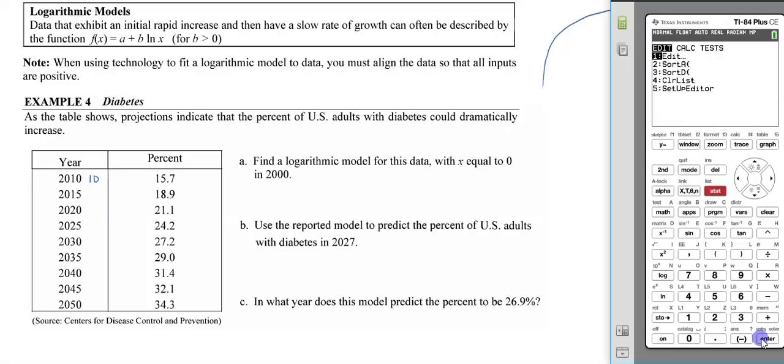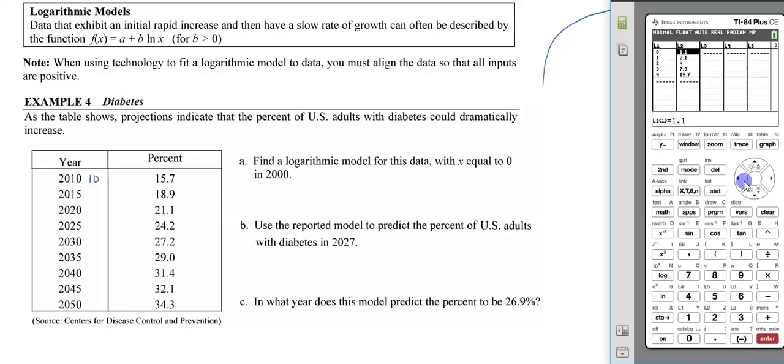Let's go ahead and go to our stat editor and enter our data. X's first. There you go. And there we go.